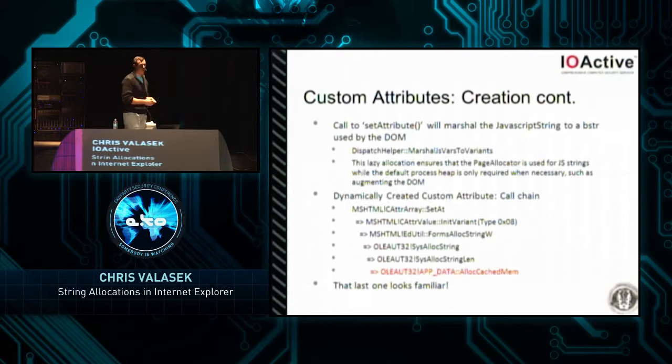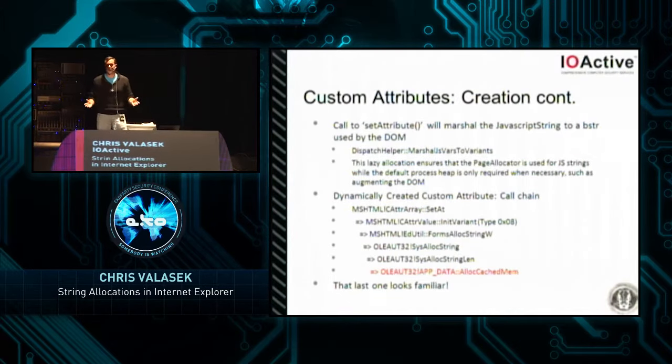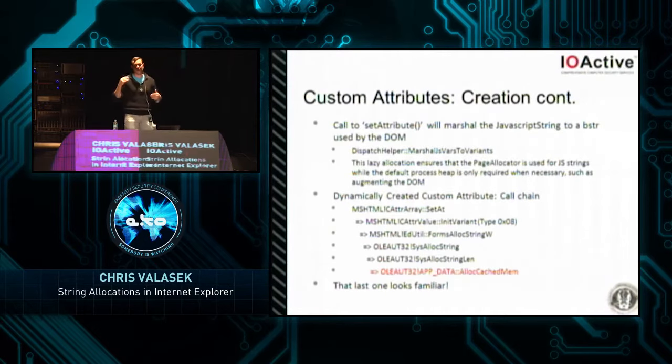But if you actually marshal the JavaScript variable to a variant type, which the DOM uses, it's going to use the default process heap, and it's going to use the exact size that you give it. So the lazy allocation kind of ensures that this works on a per request basis.